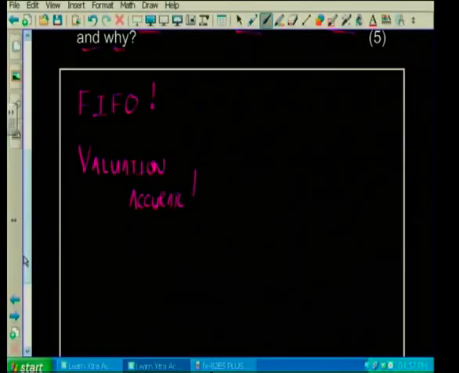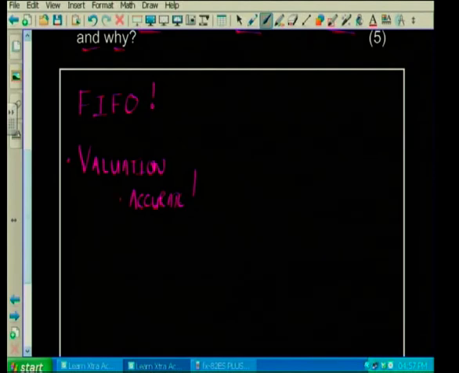Remember, with the average, we took an average of everything that we purchased. Here, we're looking at more realistic, more accurate figures. Keep that at the back of your mind at all times. Another important factor, grade 12s: when you are answering questions of this nature, by all means use bullet formation.